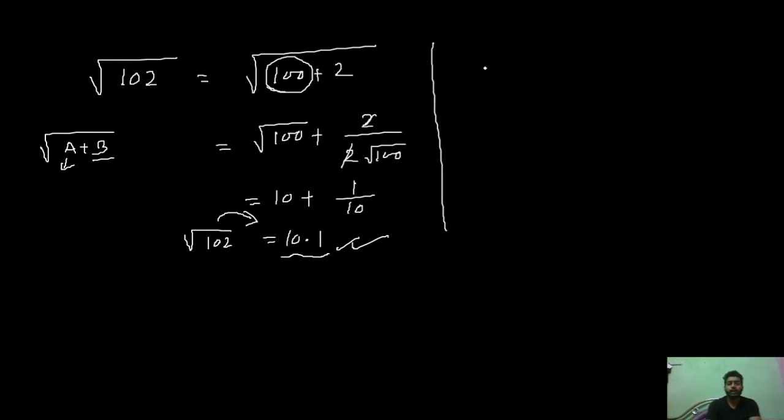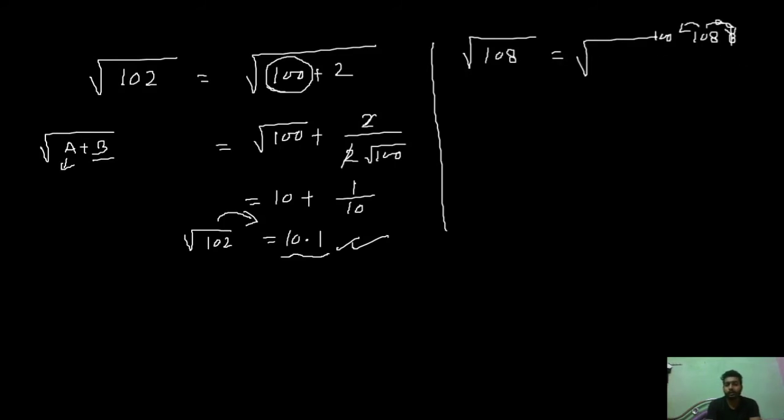Again, for example, we can find a square root of 108. So how to find square root of 108? We need to find a number which is nearest to 108, which is a perfect square number. So nearest to 108, the perfect square number is 100.